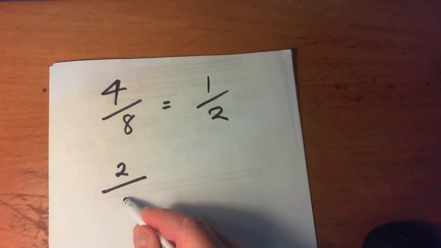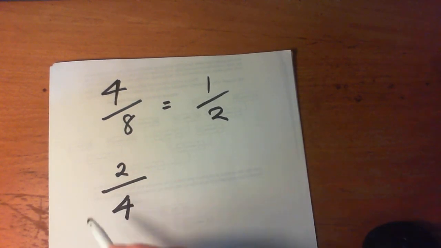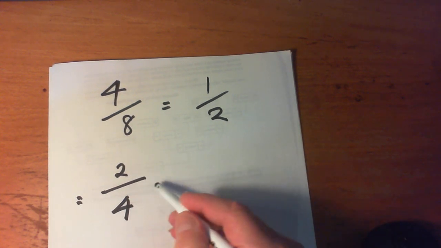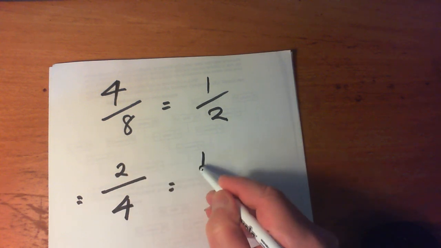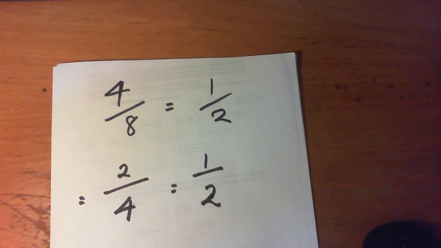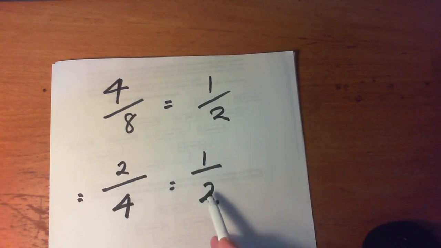Divide that by 2, and that'll be 4. Then I look at it again and say, does 2 go into top and bottom? Yeah, it does. So I divide that by 2 to give me 1, and that by 2 to give me 2, and that'll give me half. Can I go any further? No, I can't.